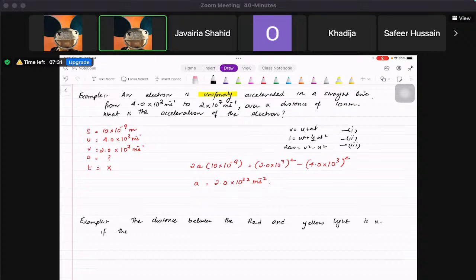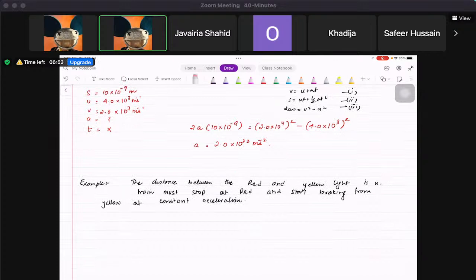If the train must stop at red and start braking from yellow, at constant acceleration, right? So we're going to write the train.